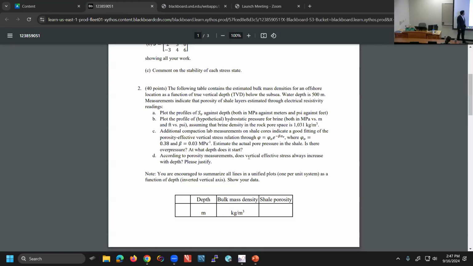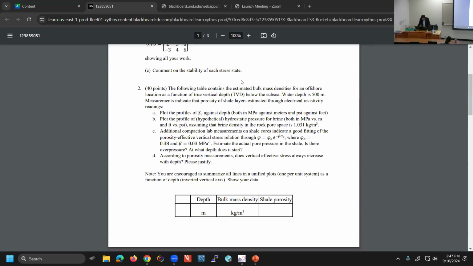Same thing. Why did I say MPa versus meters? Here I should have said PSI versus feet. I want PSI on the x-axis and feet on the y-axis. Pressure traverse, feet on the y-axis. Pressure, stress on the x.